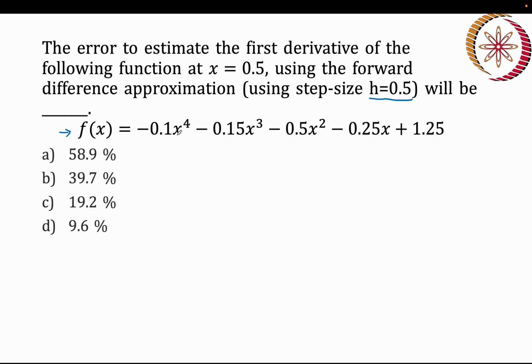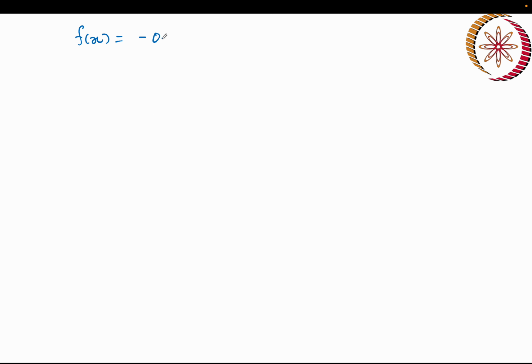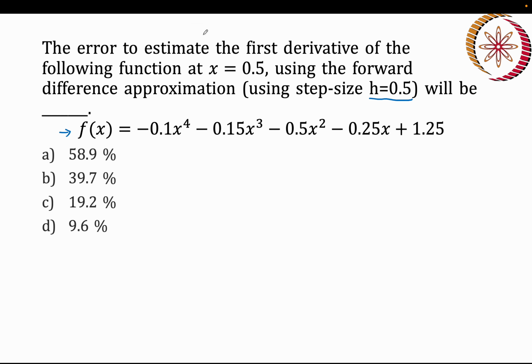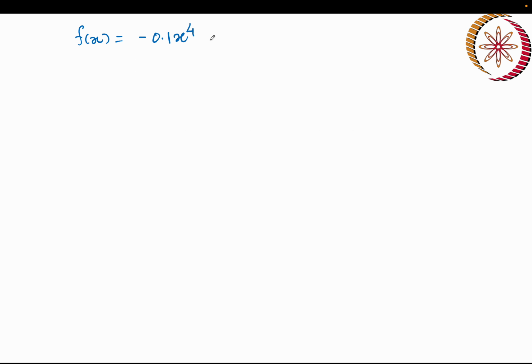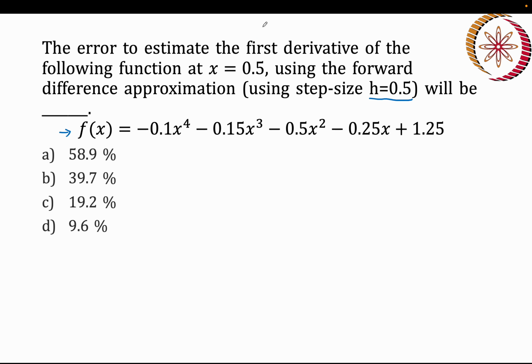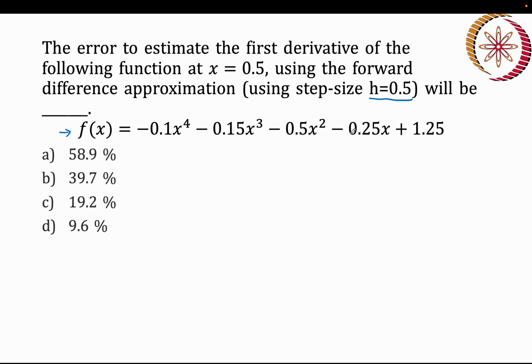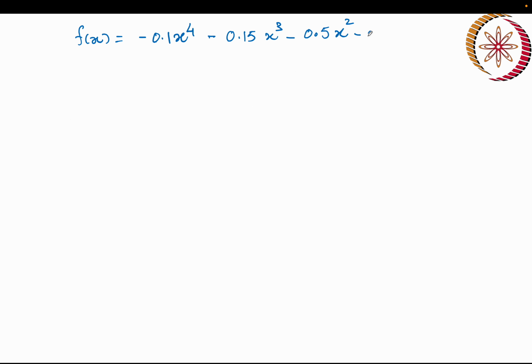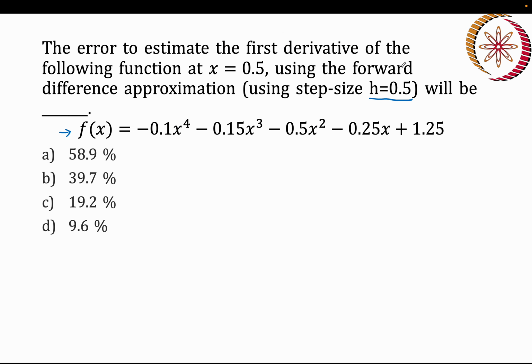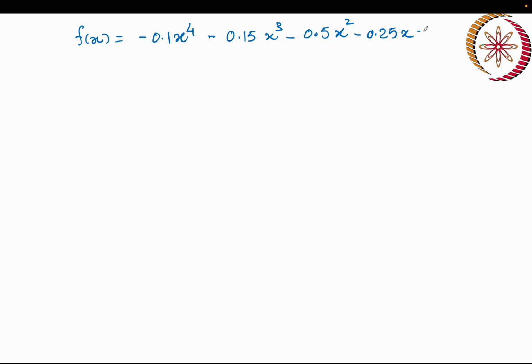Okay, so if you see, f of x is equal to minus 0.1 x raised to 4 minus 0.15 x cube minus 0.5 x square minus 0.25 x plus 1.25.